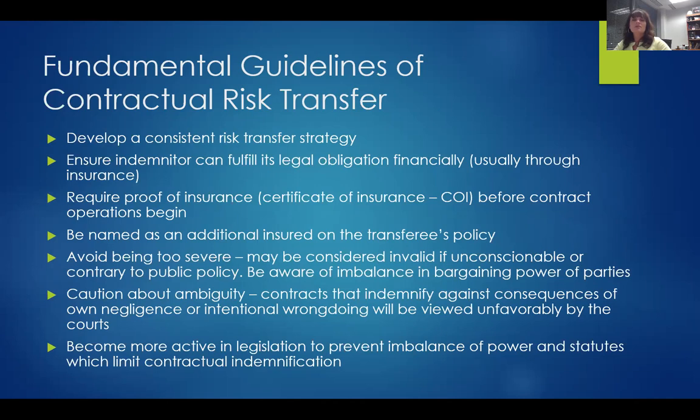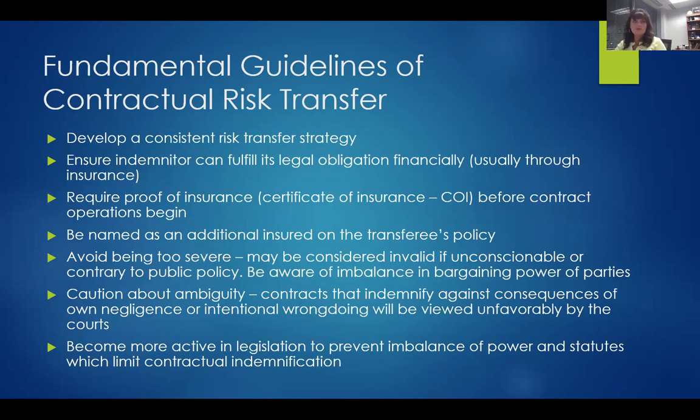You want to also negotiate as best you can, but you don't want to push too much risk their way. That's not fair. You want to ensure that whoever you're utilizing, whether that be a third-party contractor or subcontractor, that indemnitor can fulfill its legal obligation financially through insurance. Don't rely solely on their promise because it doesn't guarantee payment.